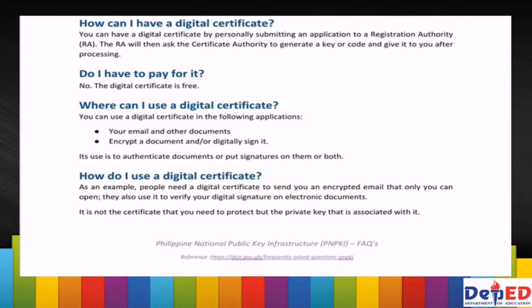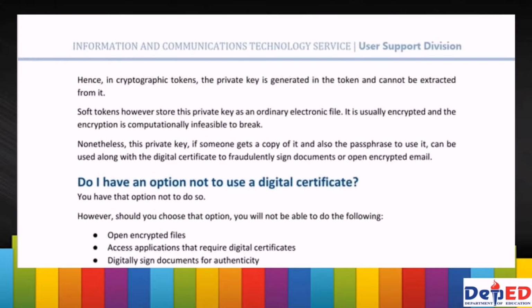It is not the certificate that you need to protect, but the private key that is associated with it. Hence, in cryptographic tokens, the private key is generated in the token and cannot be extracted from it. Soft tokens, however, store this private key as an ordinary electronic file.